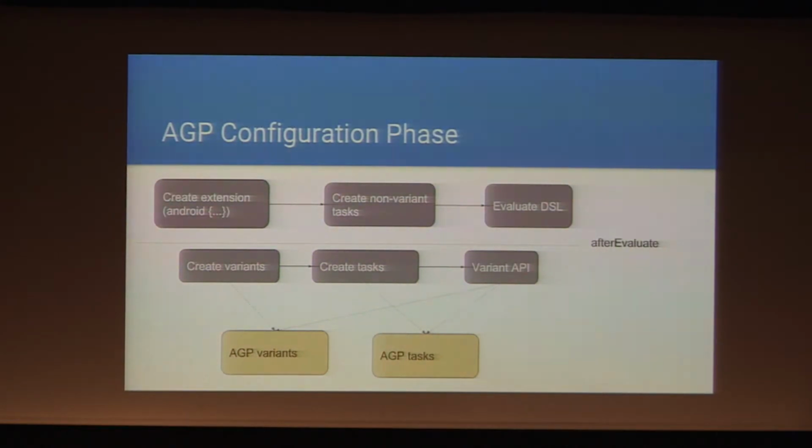All right, so knowing all of these bits and pieces, let's try to see how the entire configuration phase looks. The moment you say apply plugin android application is when the extension is created. In our case, that's the Android extension. And this extension is necessary to be created in order for the entire configuration to be captured and applied to the DSL objects that we have created.